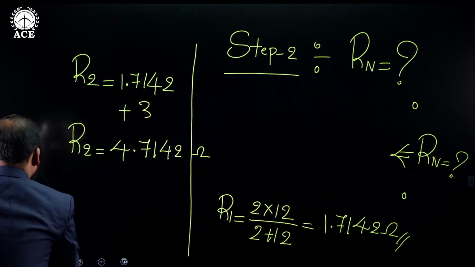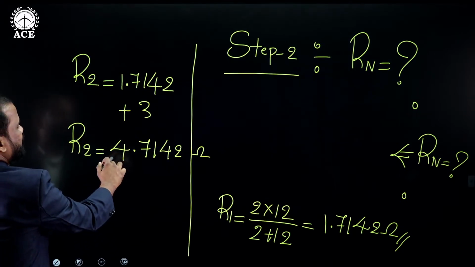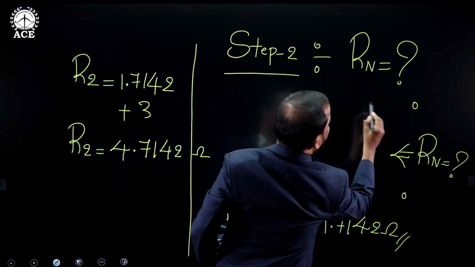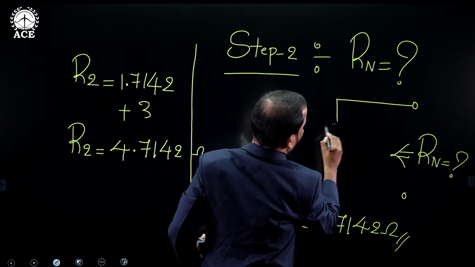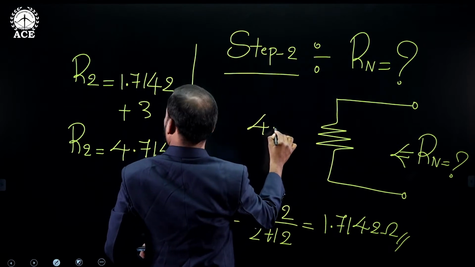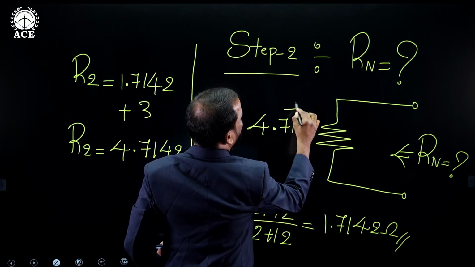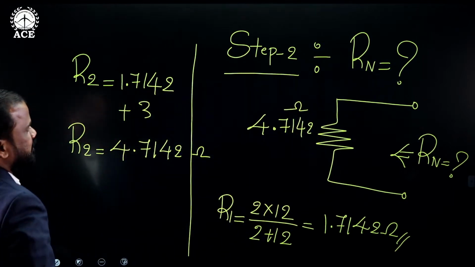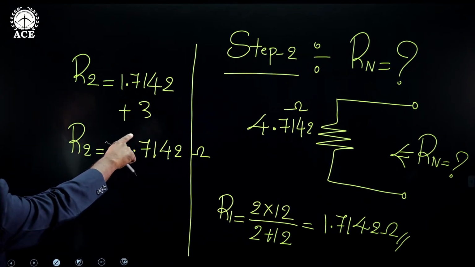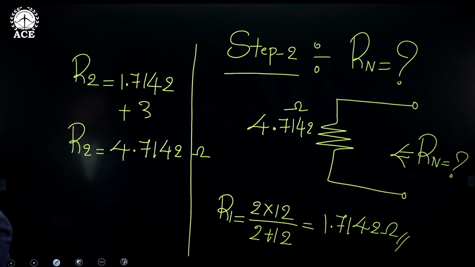If I replace this value instead of this, then it represents the final equivalent resistance. See here, I am replacing this 4.7142 instead of the series combination. This R2 value I replaced instead of the series combination, so that 4.7142 ohms is the equivalent value of resistance in that particular network.